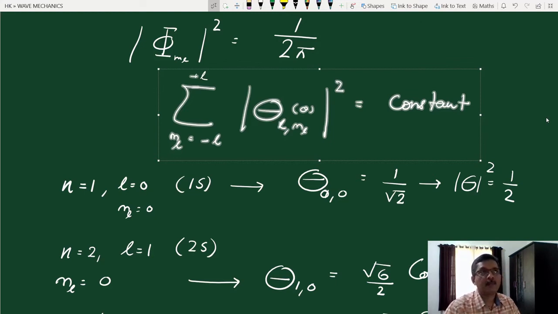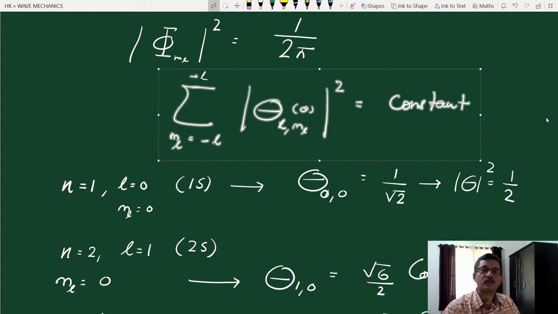But if we conduct no experiment to measure the value of Lz, then the electron can be in any possible ML state for a given angular momentum state L, let us say P state or D state or F state. It can have many different ML states. If we don't measure the Lz component of angular momentum, then the electron can have any value of Lz. That means it can be in any possible ML state.